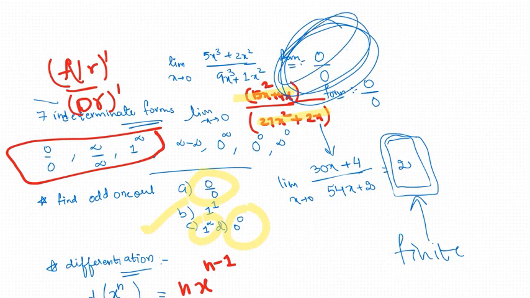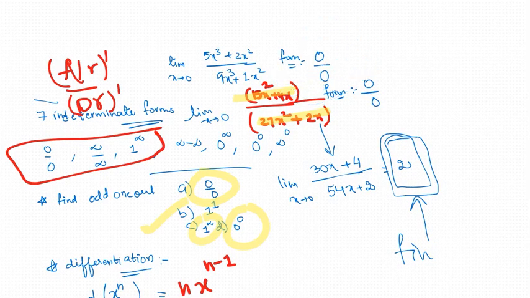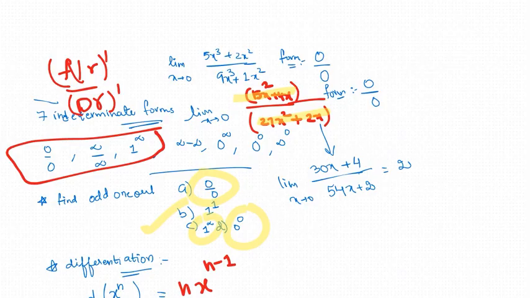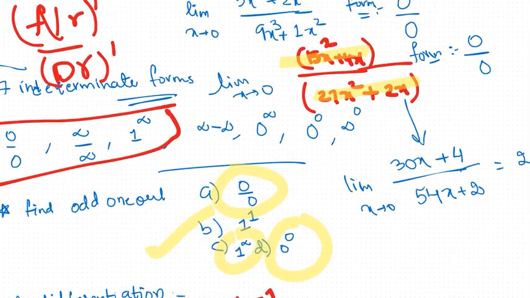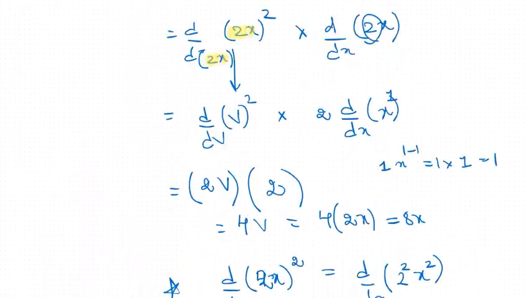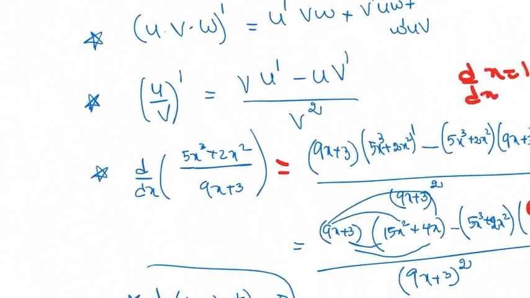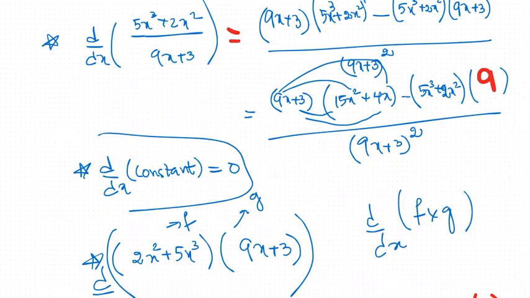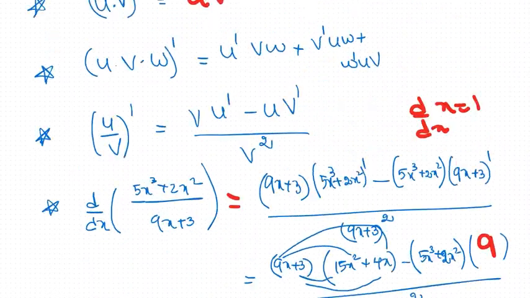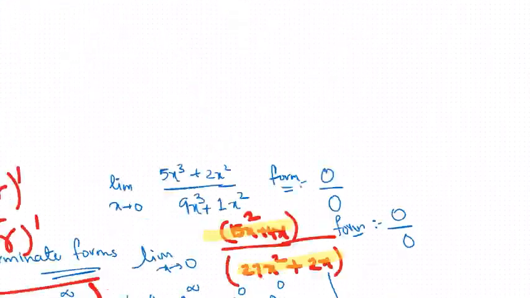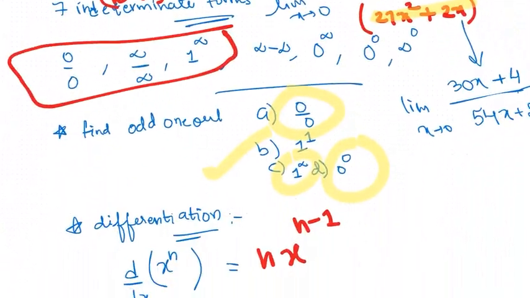This is undefined. That is the point of limits: to get some approximation, a finite answer, even though it appears as infinite. Even though the answer appears as undefined, our objective is to find the finite approximation. So that is about limits.